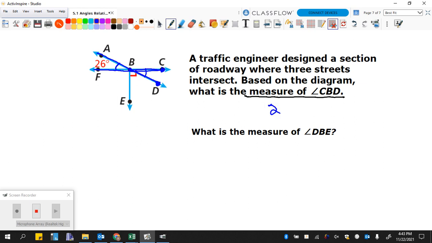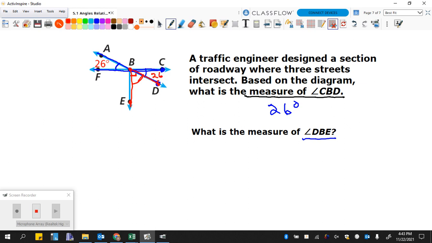So it's 26 degrees. It says, what's the measure of DBE? Okay, so DBE, when we talk about D to B to E, that's this one, what's left. We already know that this is 26.